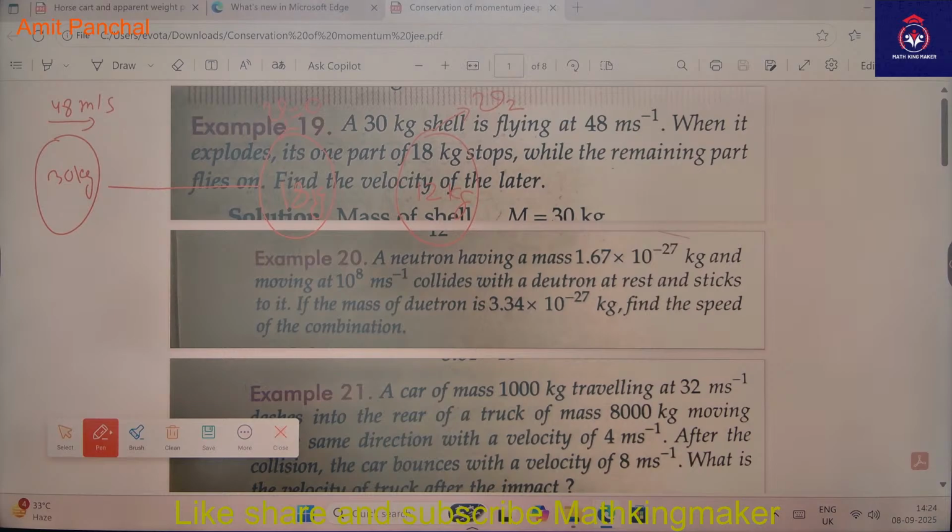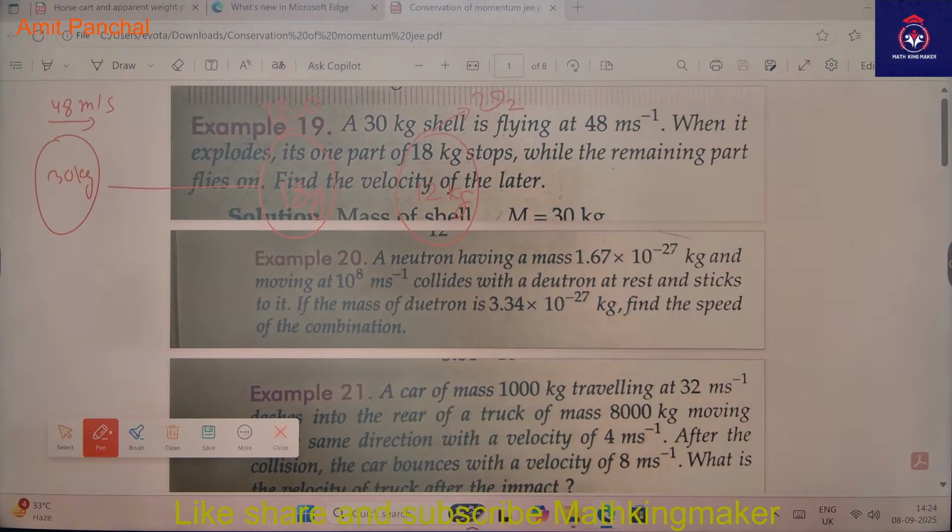I'm just dividing. 3.3 into 10 to the power 7, and the unit?